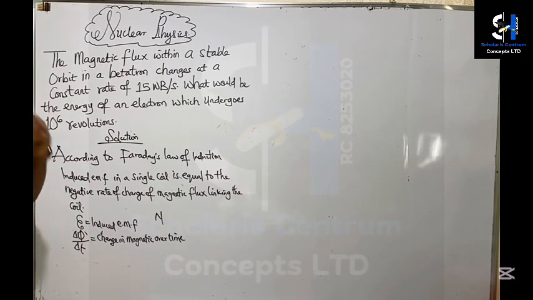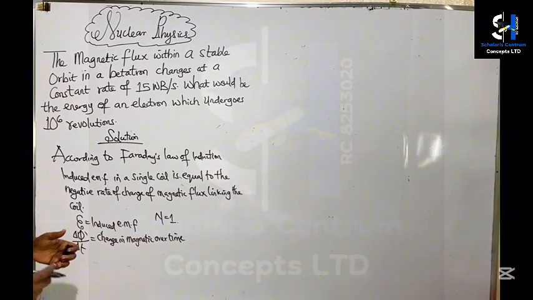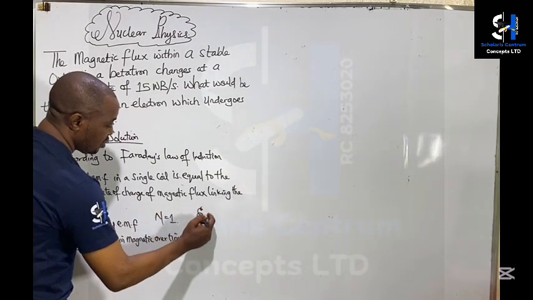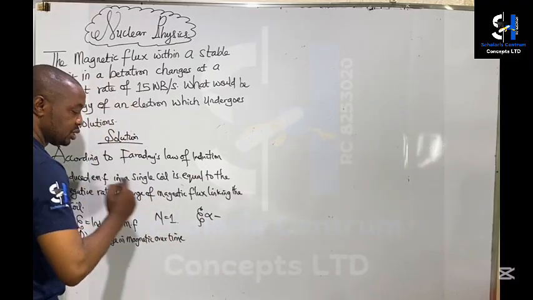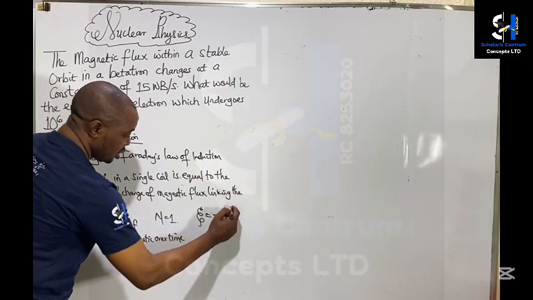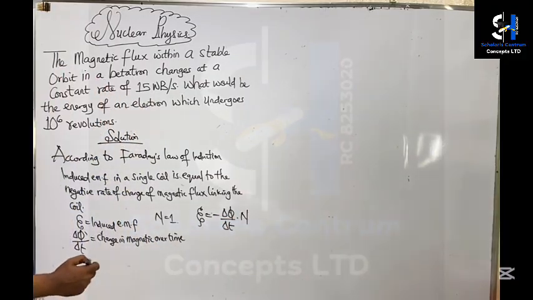the number of turns will be 1. And we know that from Faraday, the induced EMF is equal to the negative rate of change of magnetic flux, multiplied by the number of turns.